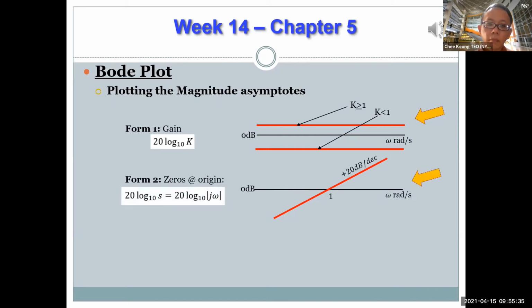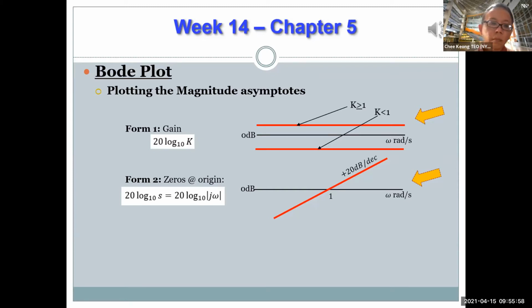Secondly, for form 2, zero at origin, it means the root occurs at 0. As we know, 0 is at negative infinity on the log axis and can never be plotted on the semi-log paper. Hence, what is visible is only the positive 20 decibels per decade slope that crosses the 0 decibel point at 1 radian per second.